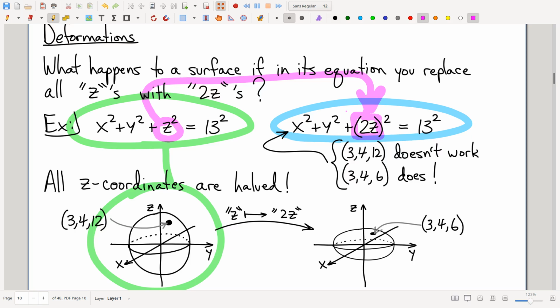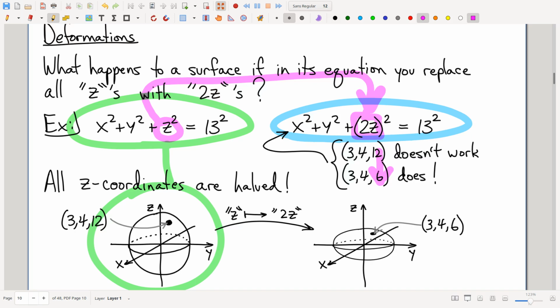And so I point out that if you put in z equals 6 instead of z equals 12, that 6 will get multiplied by 2 to make 12, which will get squared and everything works again. So the punchline then is that algebraically speaking, if you replace every z with 2z, all of your z coordinates should get cut in half to account for that algebra.